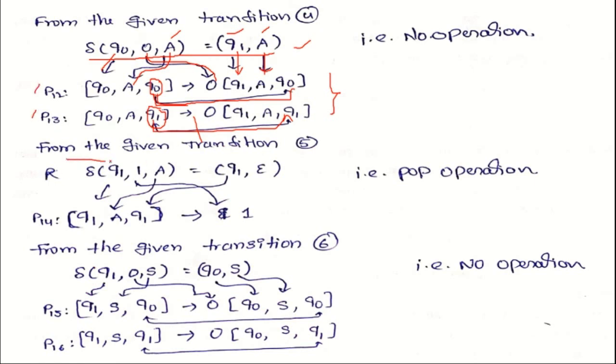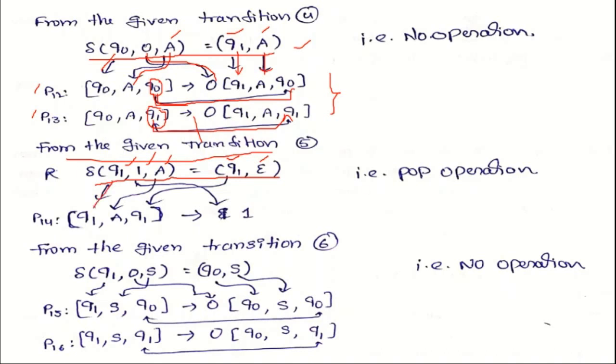Now consider the next transition, that is del of q1 comma 1 comma a equals q1 comma epsilon. That means current state is q1, input is 1, top of the stack is a, then next state is q1 and perform the pop operation. Just now we observed that when we perform the pop operation, only one production rule is produced.